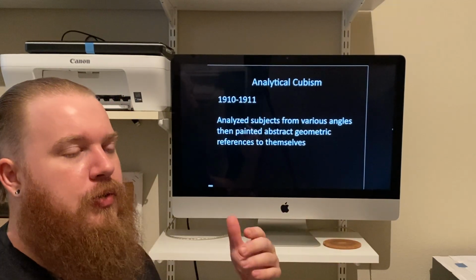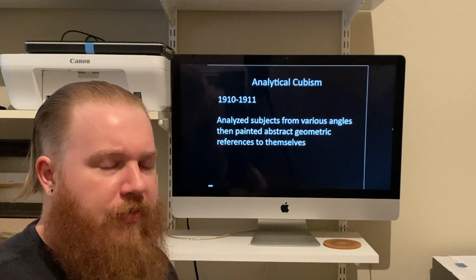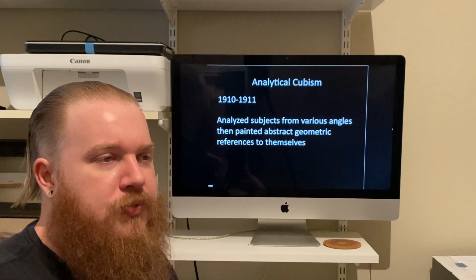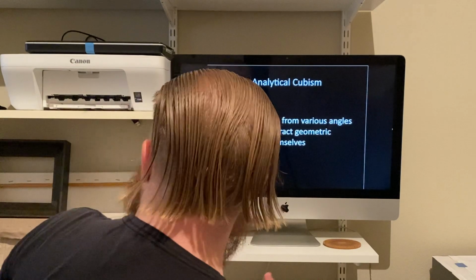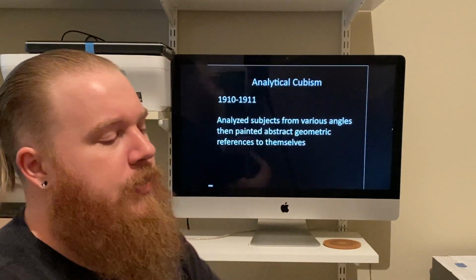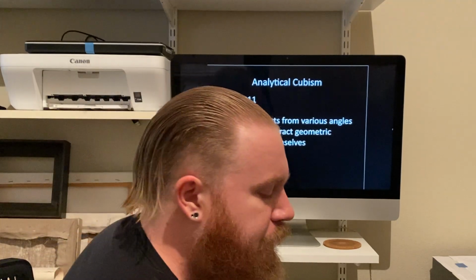So imagine if you're trying to paint a portrait of me sitting here in front of you, but you're also trying to depict me in profile, from front on, from 3/4, from behind, all at the same time. So we're trying to show all aspects of a subject at once in one image.